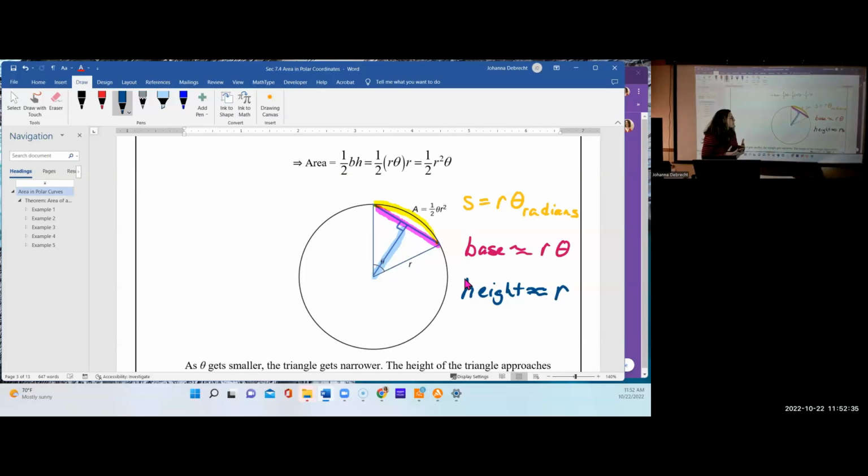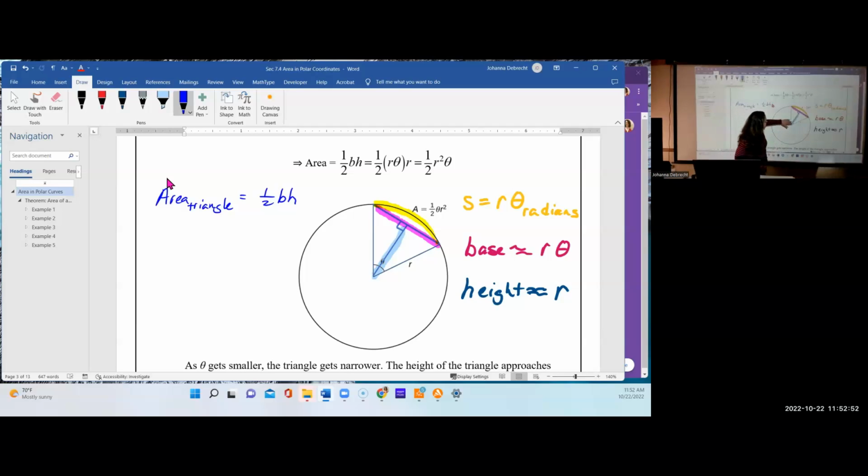So again, now we're ready to look at our formula, which is going to be the area of a triangle. So the area of the triangle is going to be equal to 1/2 the base times the height.